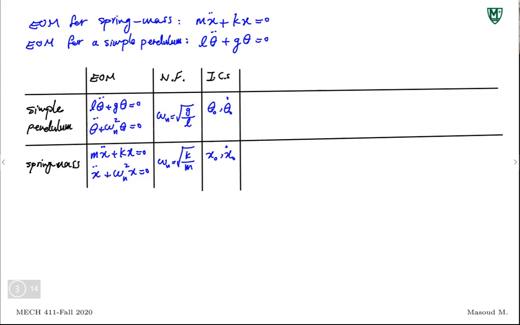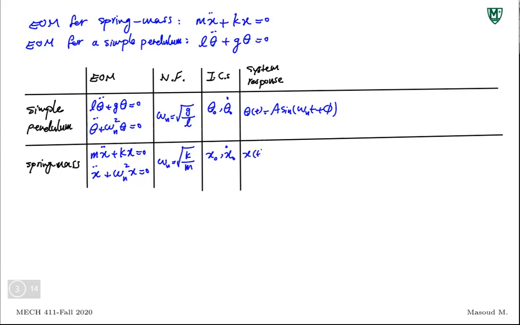System response. So if you solve this equation of motion and get the system response, remember the system response for a simple pendulum was theta of t is equal to A sine omega n t plus phi. And for a spring mass system, well, same thing. I just replace theta with x.